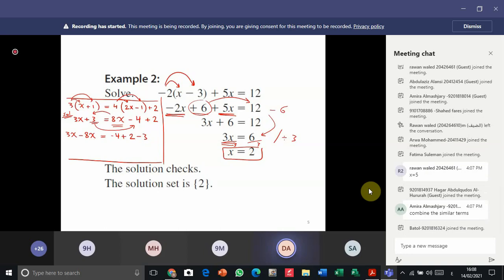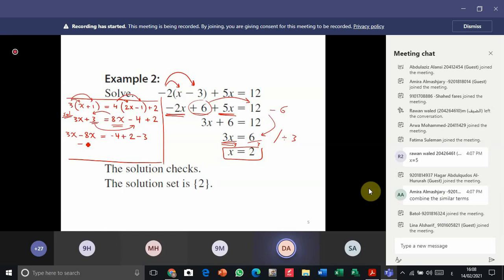Okay, now we have minus 5x equals minus 4 plus 2, which is negative 2, and then negative 2 minus 3, we have negative 5.